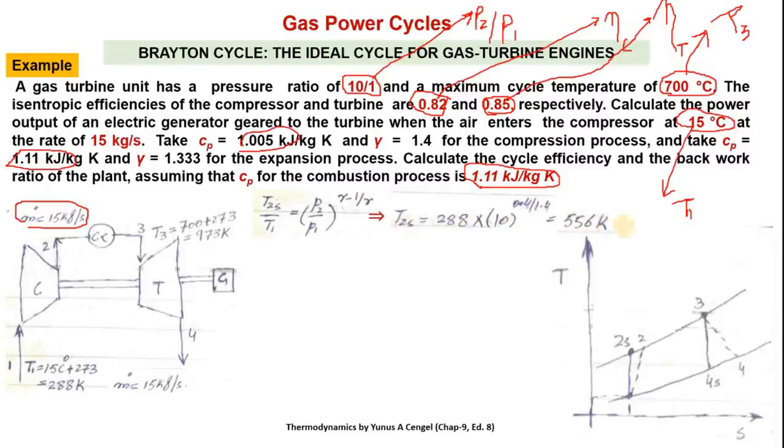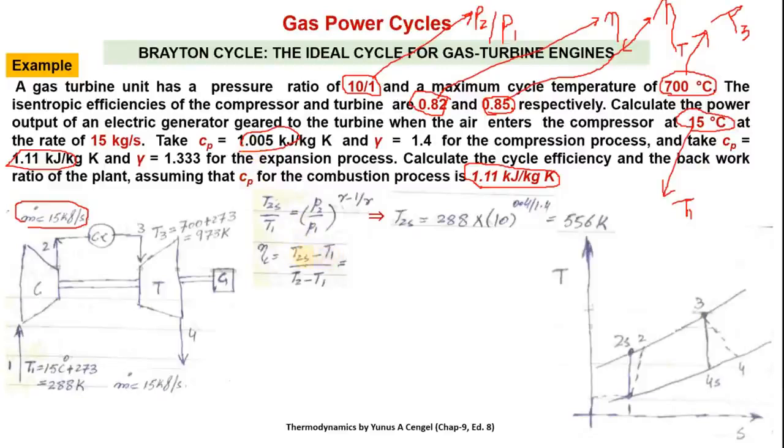With the help of this T2s, we can find out actual T2 by utilizing the compressor isentropic efficiency formula, which is given by this formula. Efficiency of compressor is H2s minus H1 over H2 minus H1, which can be written with Cp into T2s minus T1. Cp will cancel in the denominator and the numerator because during the whole compression process Cp is constant at 1.005.